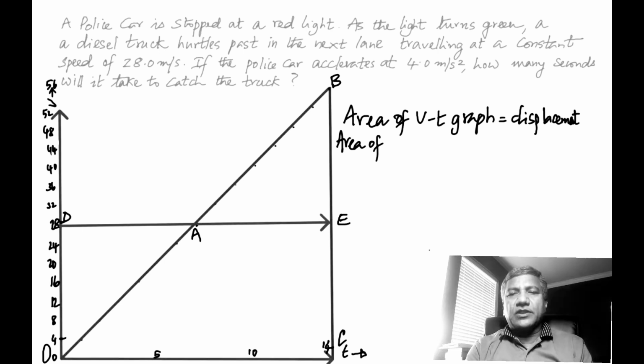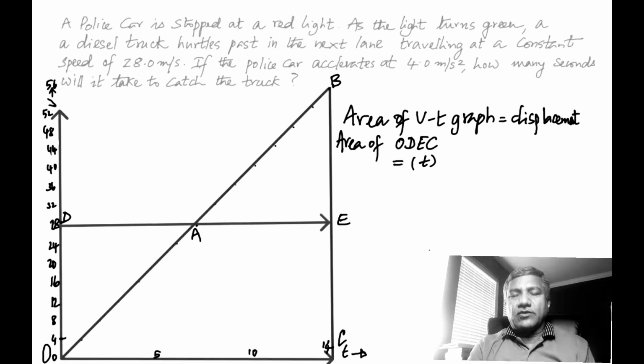Now, for the diesel truck, the area is going to be the area of the rectangle ODEC. And for the police car, since this is the graph, the area is going to be the area of the triangle OBC.